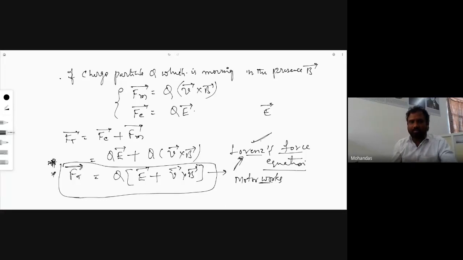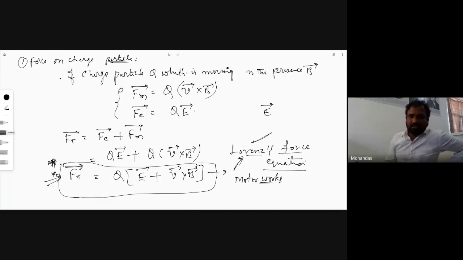So this is the first force: force on a charged particle. Remember this Lorentz equation.